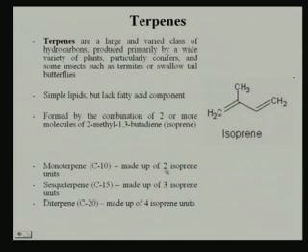It is made up of 2 isoprene units. When 3 such isoprene molecules are associated, it is called sesquiterpene. When 4 isoprene units are there, it is called diterpene, and so on.